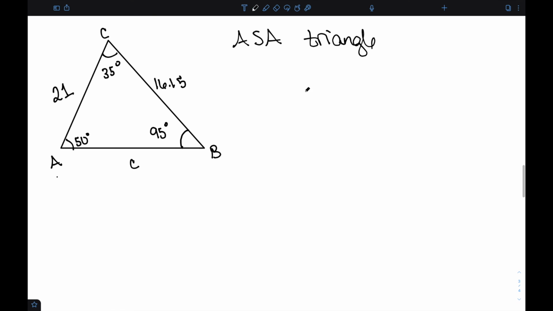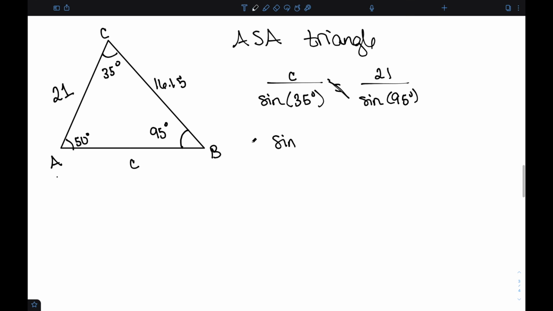Let's find our last side, side c. We know that c over sine of angle C should be equal to the length of side b over sine of angle B. Cross multiplying, this is c times sine of 95 degrees is equal to 21 times sine of 35 degrees.